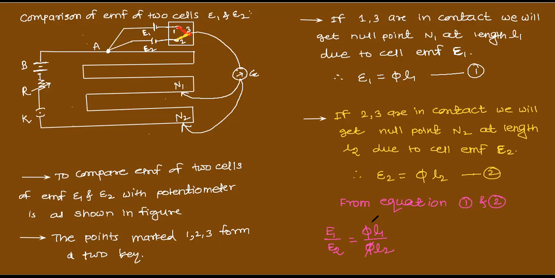So this phi and this phi will get cancelled, and hence how you will compare the EMF, directly you will get E1 by E2 is equal to L1 by L2, and you can keep this in the box. Okay, this is what your required answer is. So in terms of length you will get the comparison of EMF. Okay, so note down this. Try to understand and note down.